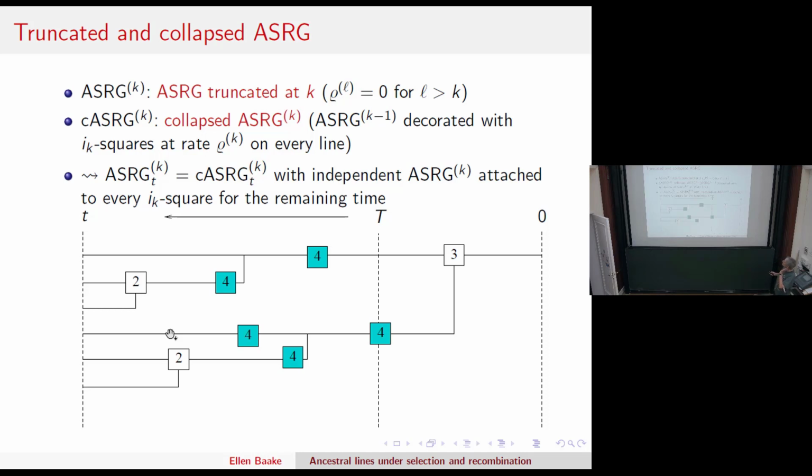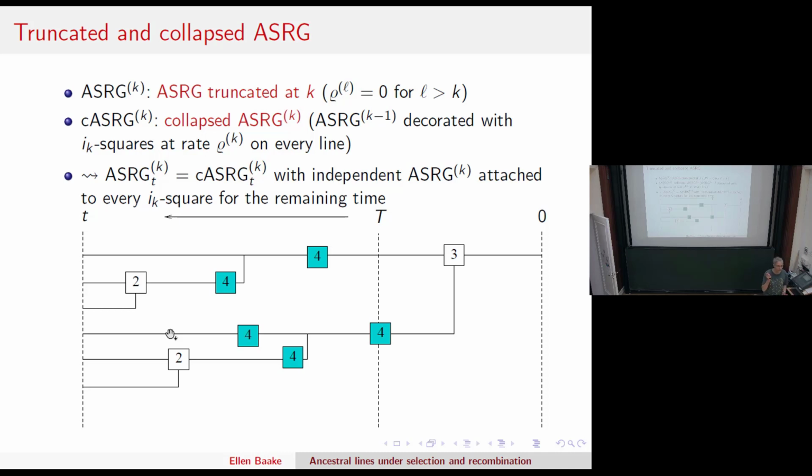And then we can turn this collapsed ASRG k into a full ASRG k by appending independent ASRG ks to each of the 4 squares. So they are attached here independently and they run for the remaining time.